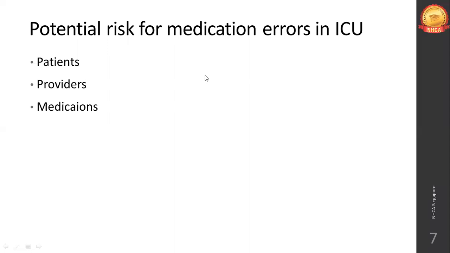Then certain medications themselves: some cardiovascular medications, sedatives, analgesics, anticoagulants, anti-infectives, usually high alert medications. In the ICU environment, the number of medications an ICU patient requires is around 15 in 24 hours, on average. And when 15 medications are given, there are high chances of an adverse drug reaction taking place.